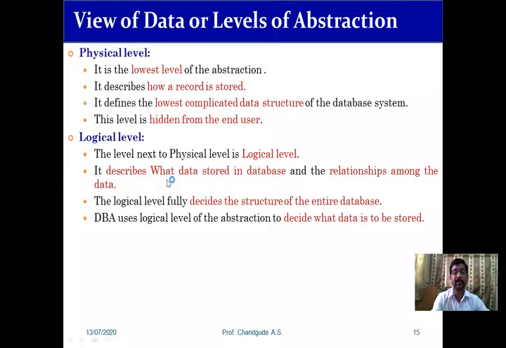The logical level fully decides the structure of the entire database, that is, the logical structure of the entire database: how many columns, how many rows, the different constraints, and all these things.